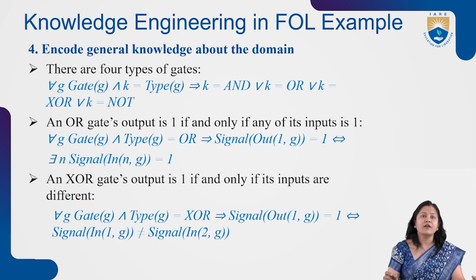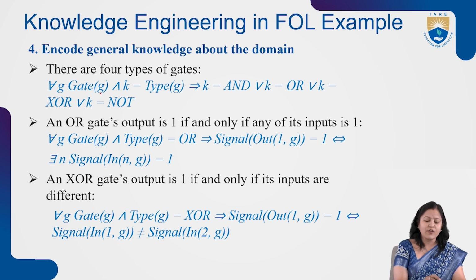Next example, there are 4 types of gates. Already we have discussed the 4 types of gates we normally use for designing a digital circuit or any circuit diagram. Here, for gates, we define one variable: for all g, gate of g. As I told, gate is a constant. How do we define the property or behavior of the gate? Using the type function.